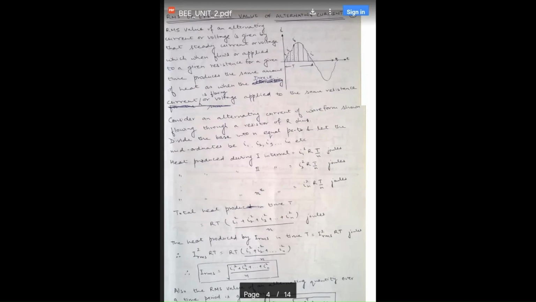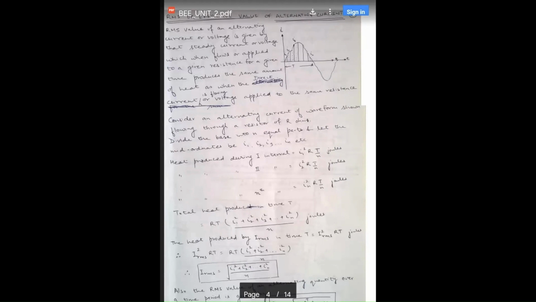While calculating the RMS value, as I have just mentioned, first of all we have to take the square, then mean, then root.